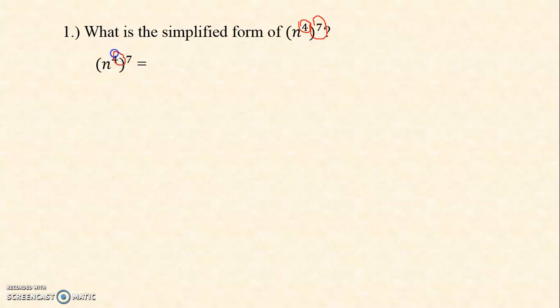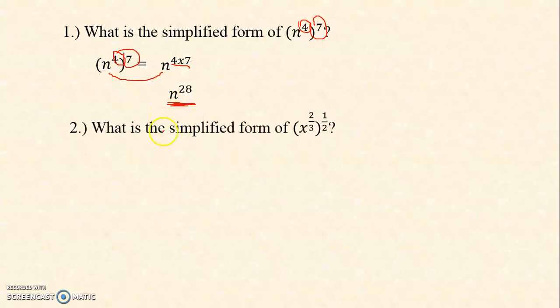Power raised to a power. So what are we going to do? We're just going to multiply the exponents. You're just going to copy the base, which is n, and then 4 times 7. So 4 times 7 is equal to 28. Therefore, the final answer there is n raised to 28.